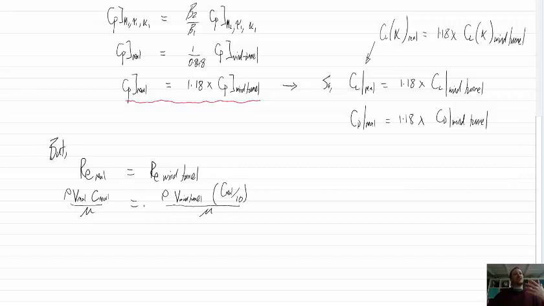Now, unless we can do something clever like vary the density of the air in the wind tunnel, or remember using Sutherland's law by changing the temperature of the air to change the viscosity of the air. Let's assume we don't have the capability to do that, so our rho in the real world is the same as rho in the tunnel. Mu in the real world is equal to mu in the tunnel. You can cancel the c and the c real. What this tells us is that what we would need to do for a 1/10 scale wind tunnel model to match the Reynolds number is run at 10 times v real.